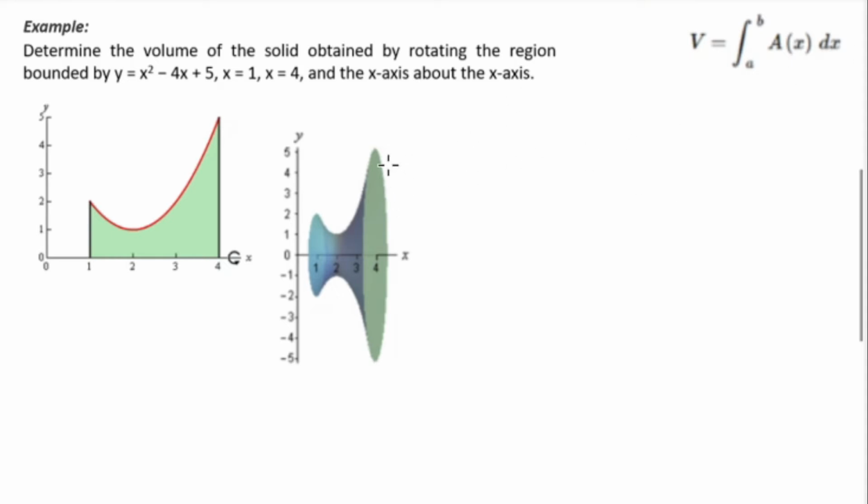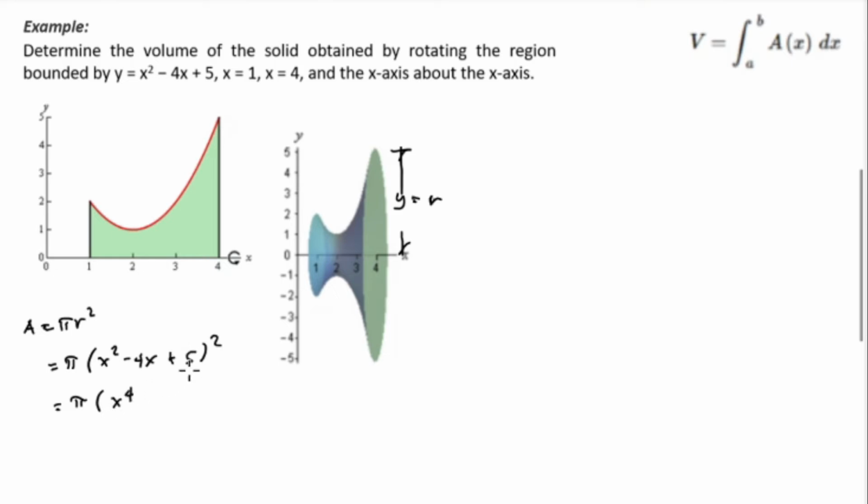So the radius is equivalent to y. The area of the circle is pi r squared, and in this case r is equivalent to y, so pi times (x squared minus 4x plus 5) squared, and we simplify.